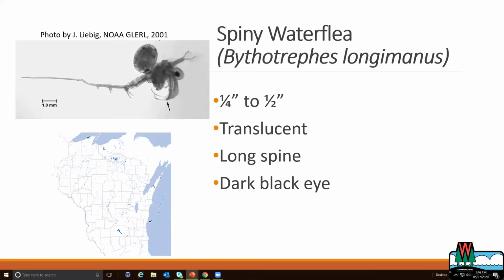They're distinct in that long spine that they have and that dark black eye. They can commonly be found on fishing line tows in big groups of almost hair-looking creatures. But again, that big black eye is what's going to be distinct on them.